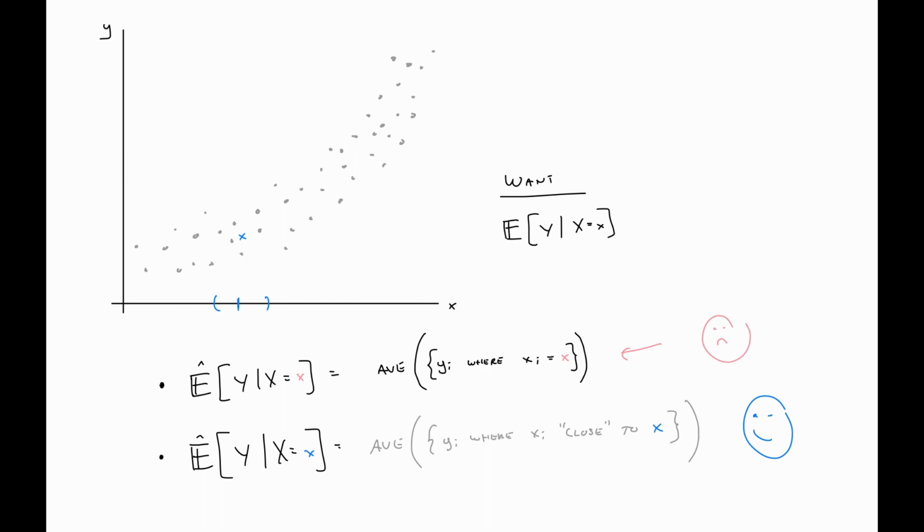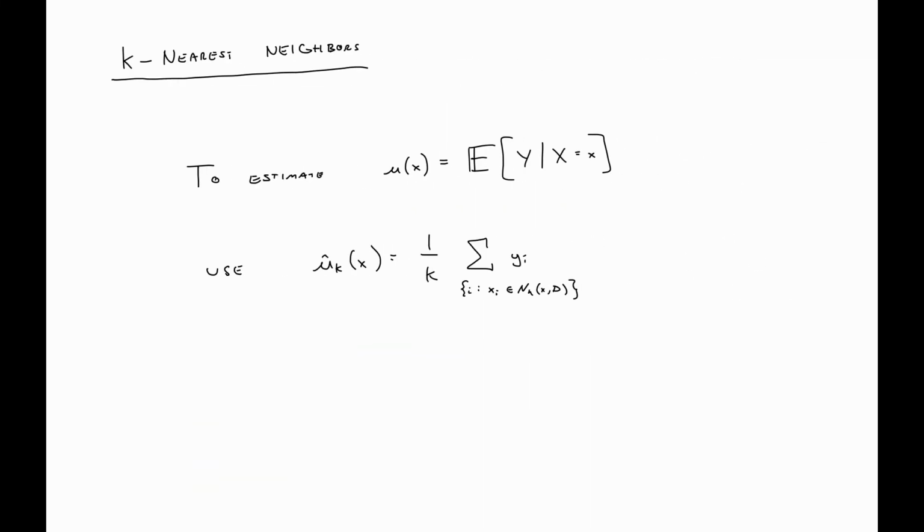Okay, so moving on to K-Nearest Neighbors. K-Nearest Neighbors basically does exactly that. K-Nearest Neighbors says, well, if you want to estimate the mean of y at x, use the average of the yi values that have, well, I have this complicated expression here. So what is this?